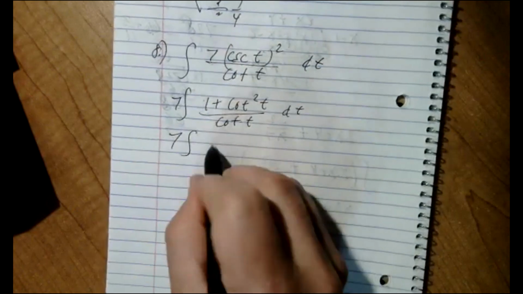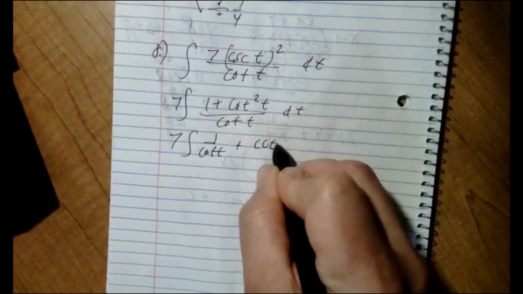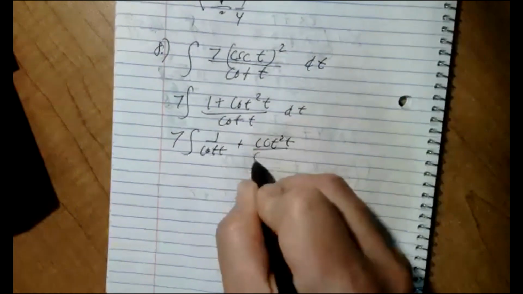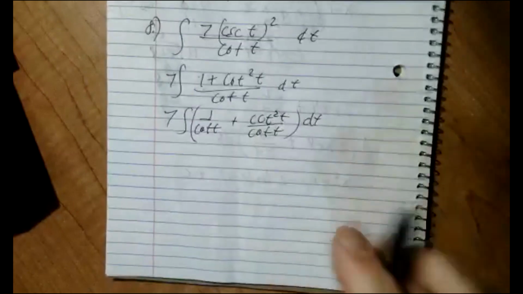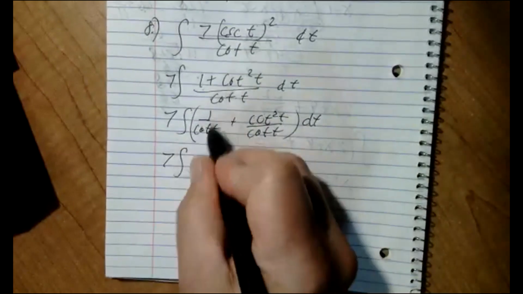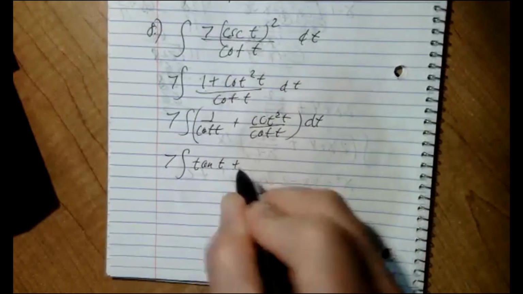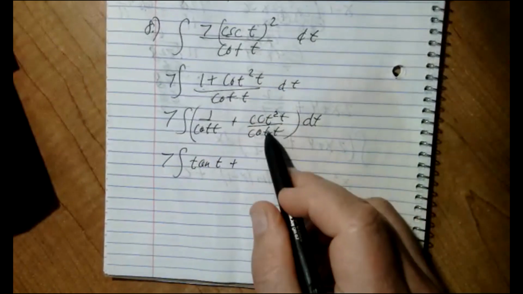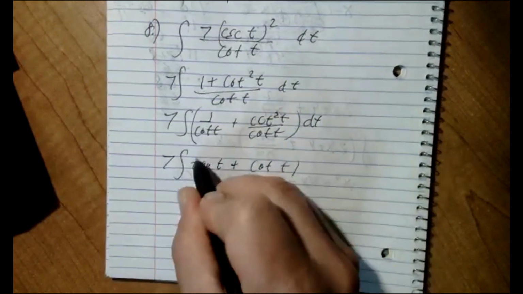So I could think of this as 7 times 1 over cotangent t plus cotangent squared t over cotangent. 1 over cotangent is going to flip cotangent, so that turns into tangent. And then here you can get rid of a cotangent, since there's 2 of them on the top and 1 on the bottom, so that's only one of them.